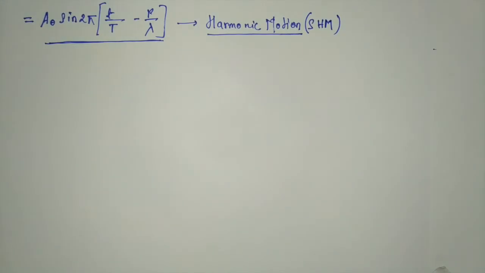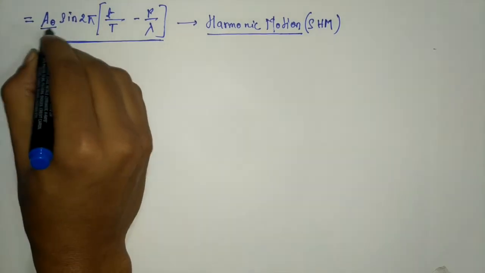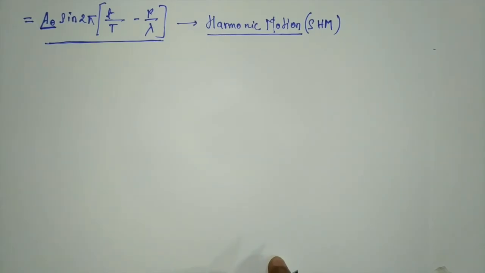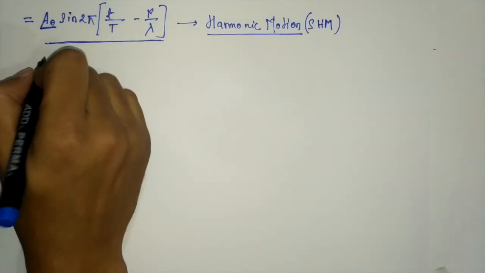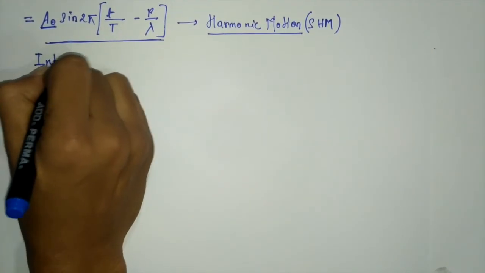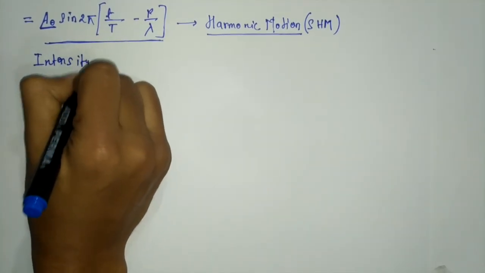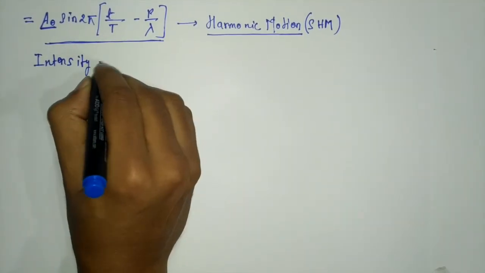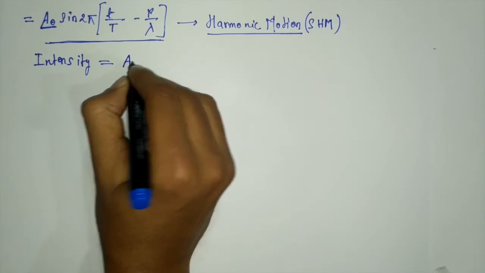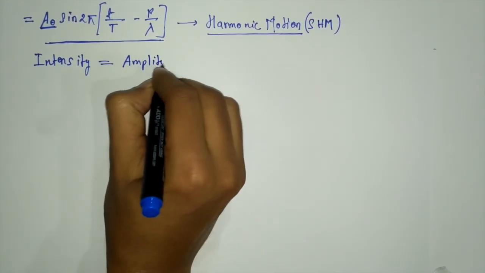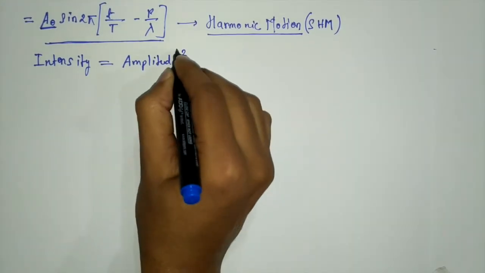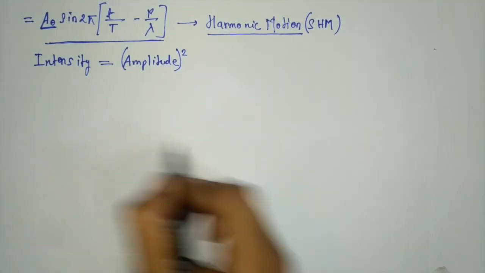So we know that this is the amplitude of the vibration of the harmonic motion. And we also know that intensity is equal to the amplitude square, or the square of amplitude.